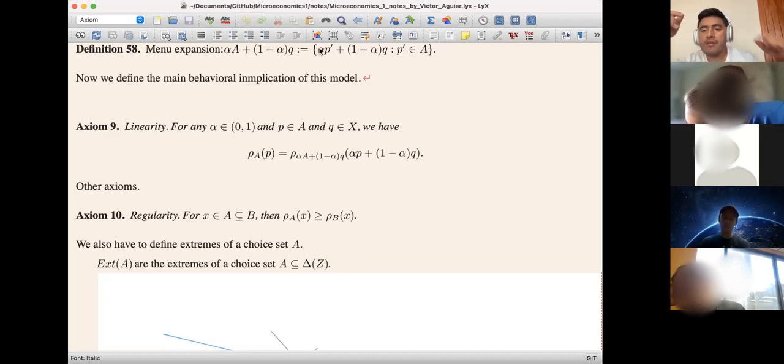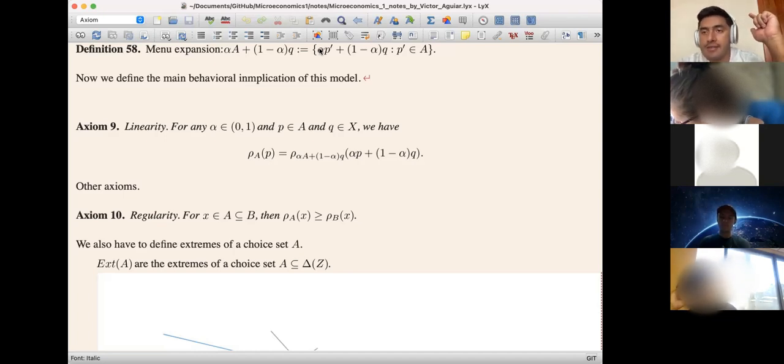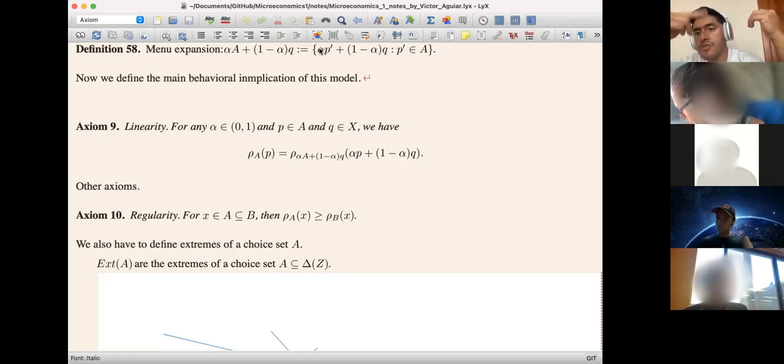Because when more items enter the menu, it is likely that some rankings have some of the new elements in capital B rank above X. The random utility is stable; it doesn't change with the menu. That's an important thing, so I'm going to repeat it. The key assumption of random utility is that the distribution of the preferences, of the utilities, does not change with the menu. So as the menu expands, it remains the same probability over the same rankings.